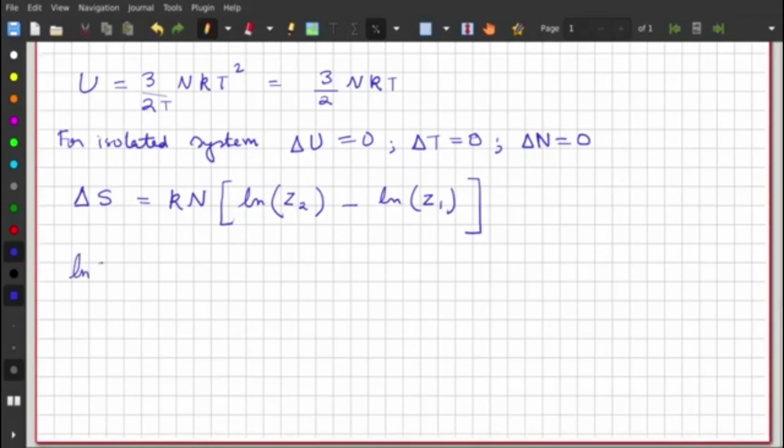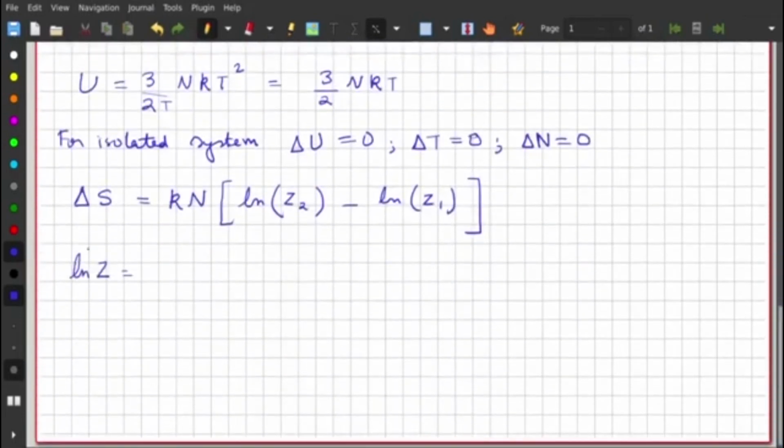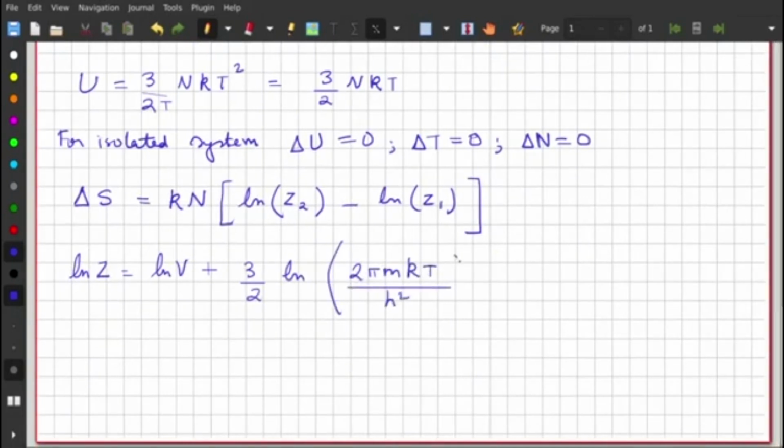And the logarithm, we've seen that log Z is log V plus 3/2 log (2 pi m k T by h squared).